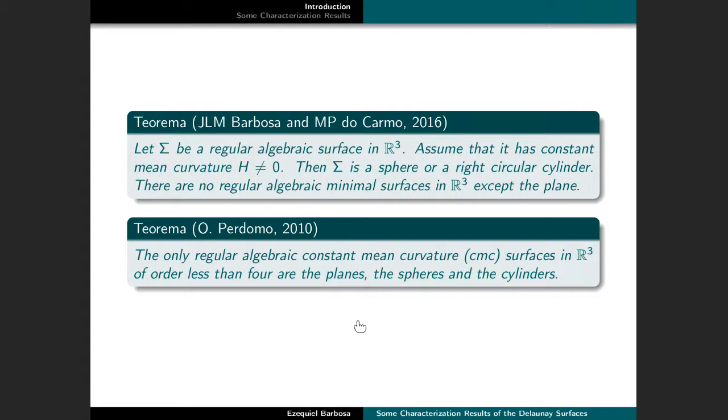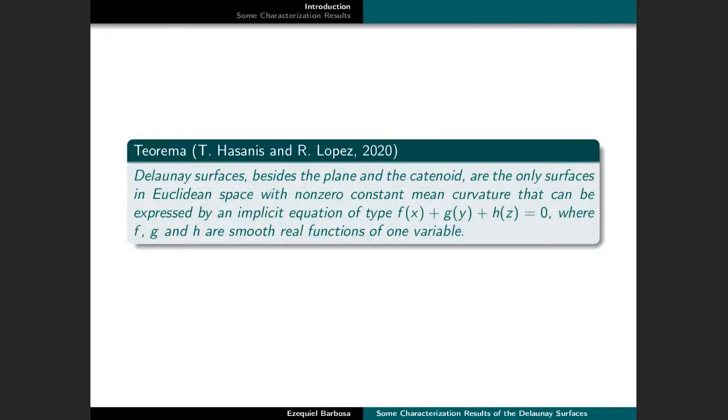So it's interesting to consider this problem and to classify the level sets of some types of functions a little bit more general, or a little bit different from the polynomial functions. And very recently, Rafael Lopez and Hasanis studied this problem for functions of separable variables, functions like this.